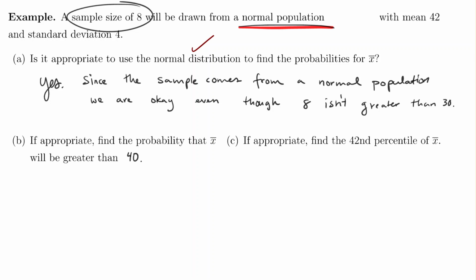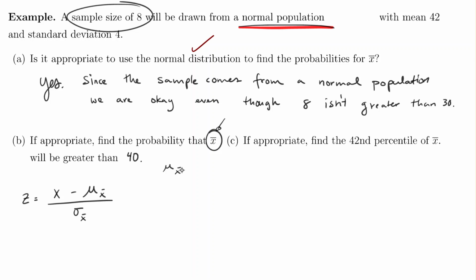So in this case, when I'm trying to use the z-score to find the probability about X bar, keep in mind my z-score formula for this particular case, because I'm dealing with X bar here, is X minus the mean for X bar divided by the standard deviation for X bar. Now, what is the mean for X bar, the standard deviation for X bar?